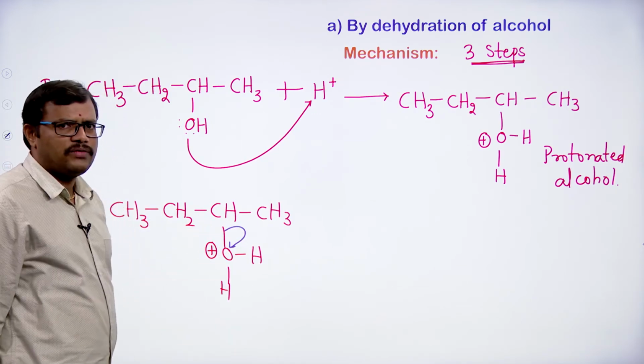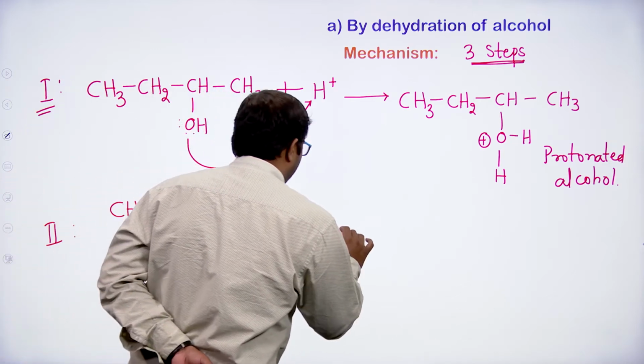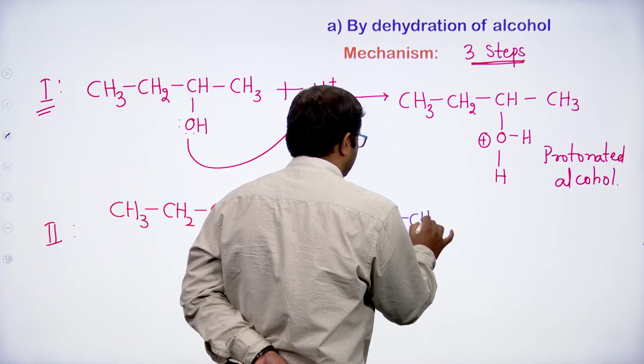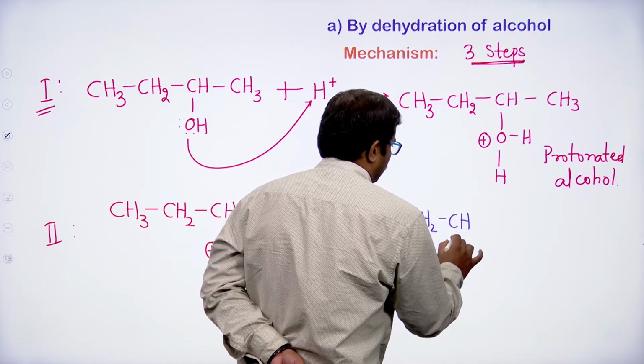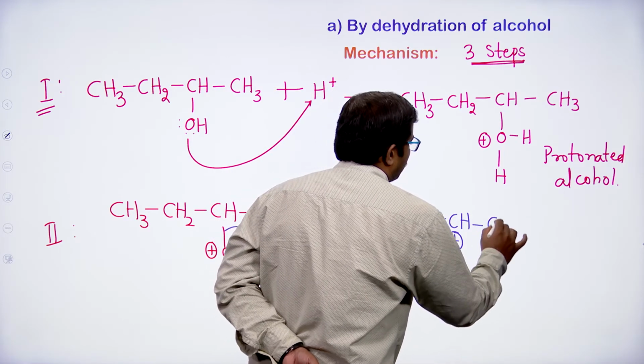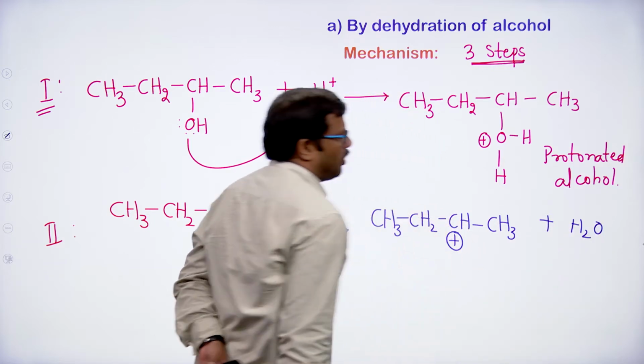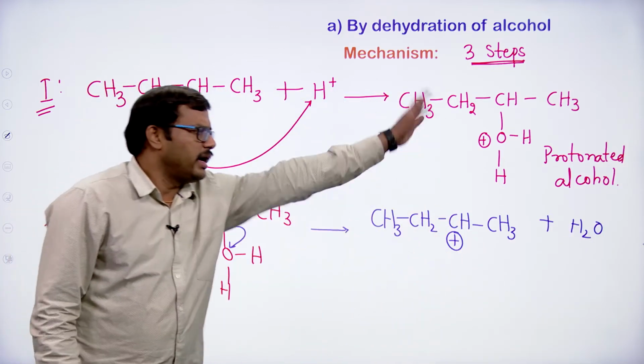What is going to happen in this case? Thereby we get CH3, CH2, CH with a positive charge on the carbon, plus CH3, plus H2O is lost in the process. So H2O is removed as a water molecule.